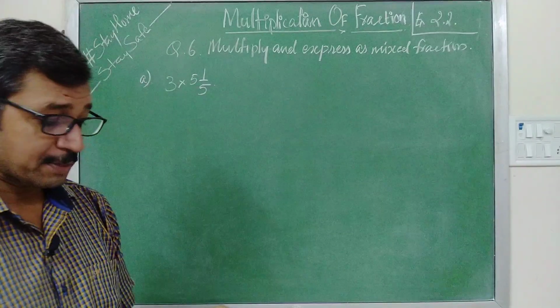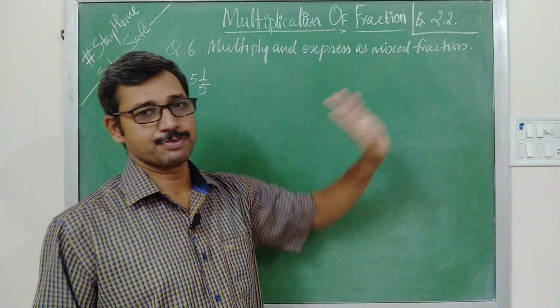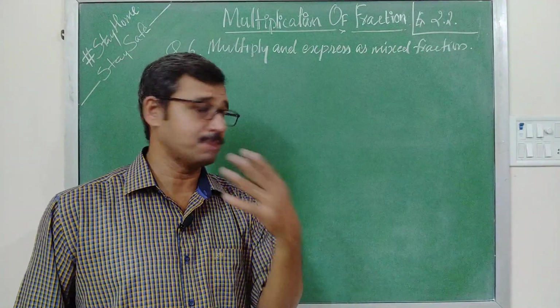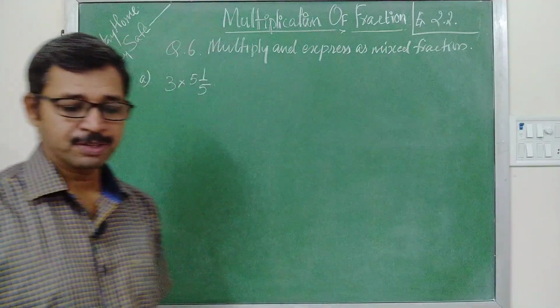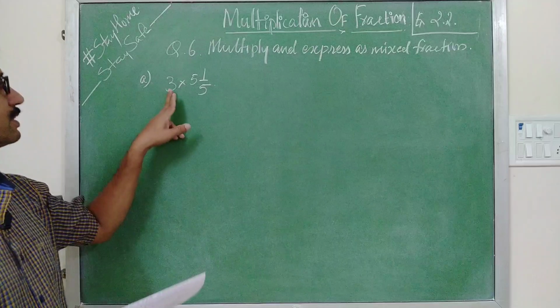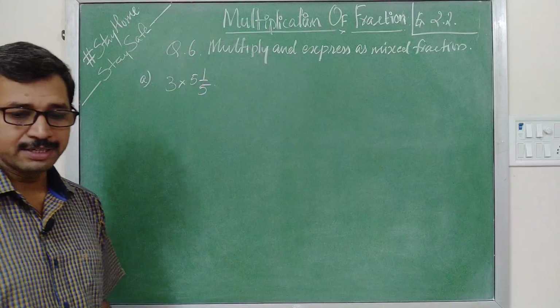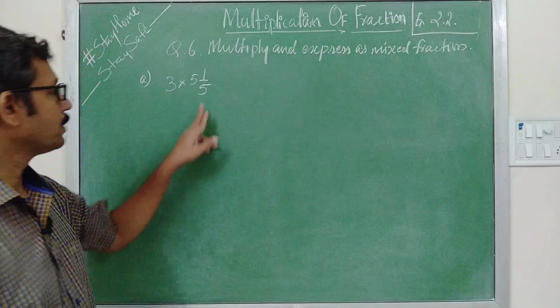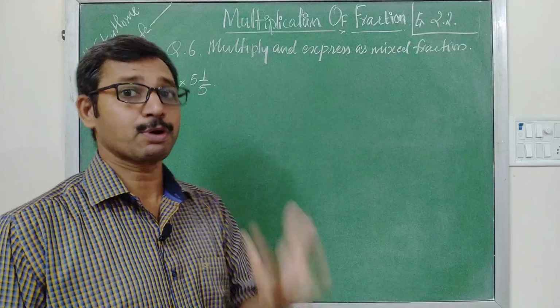Here it is multiply and express as a mixed fraction. That is, the result must be converted into a mixed fraction. The first one is 3 into 5 integer 1 upon 5. If it is a mixed fraction, we have to convert it into an improper fraction.